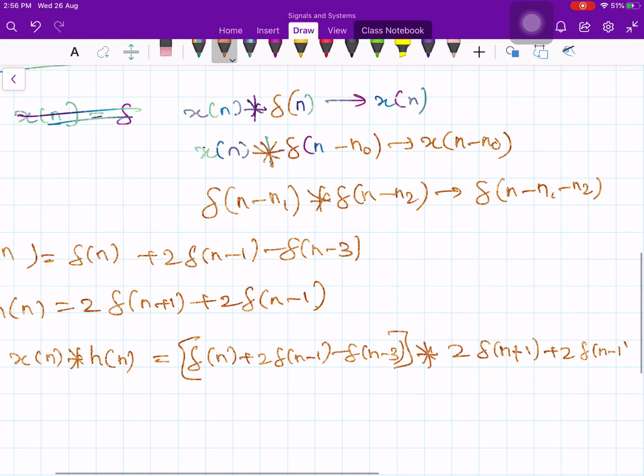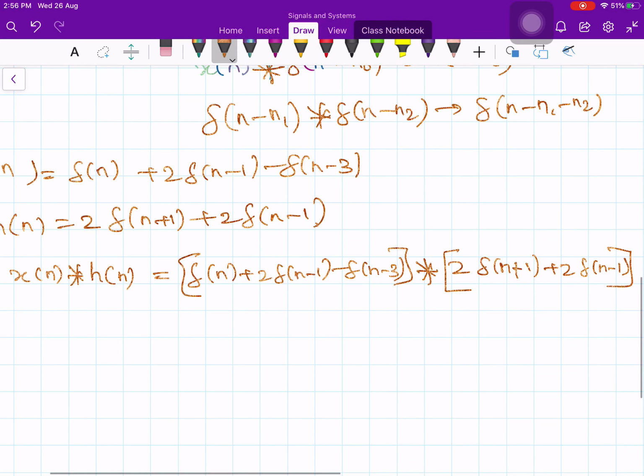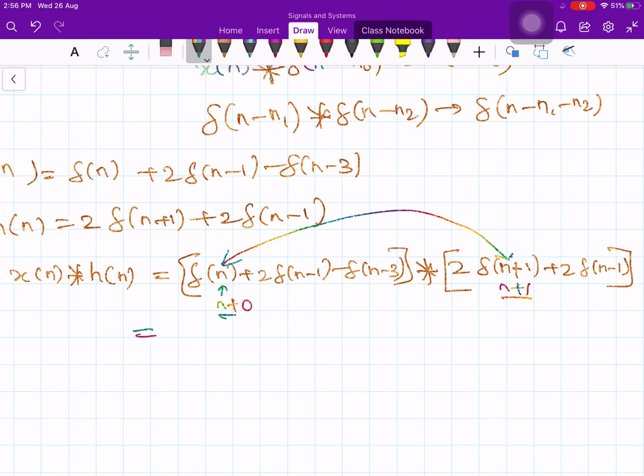Now term by term you convolve. First convolve del of n with 2 times del of n plus 1: the arguments are n plus 0 and n plus 1, adding them gives n plus 1, so 2 times del of n plus 1. Then del of n convolved with 2 times del of n minus 1 gives 2 times del of n minus 1.